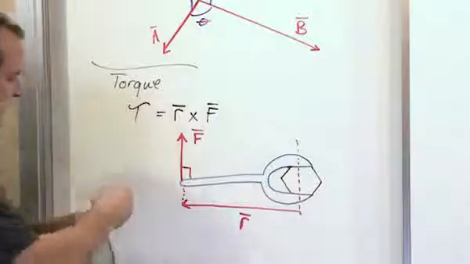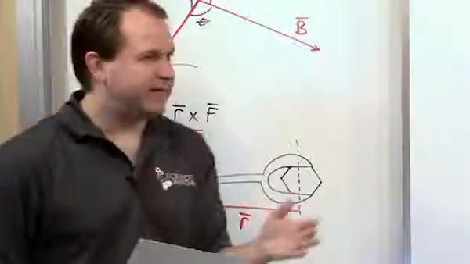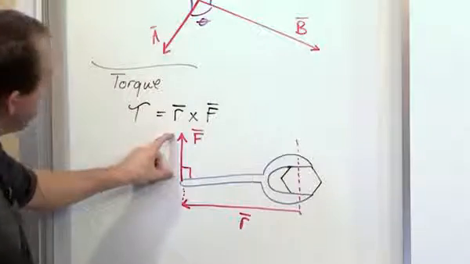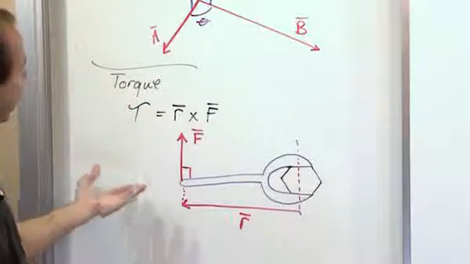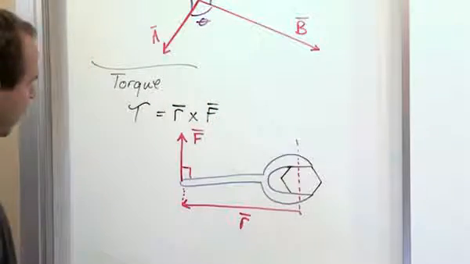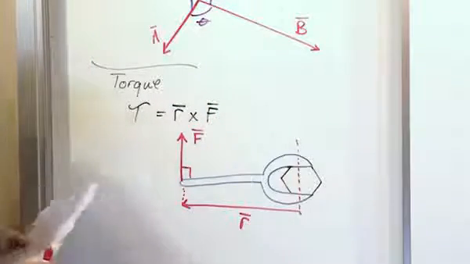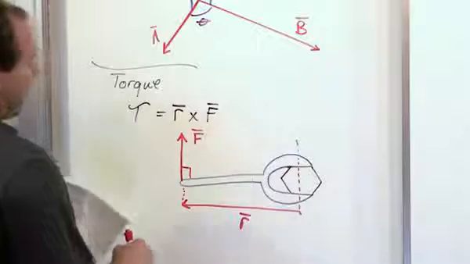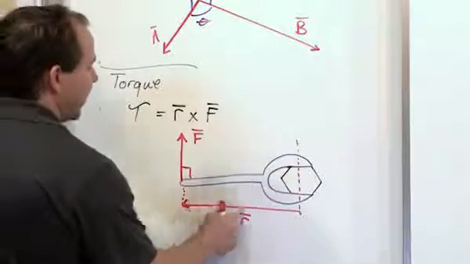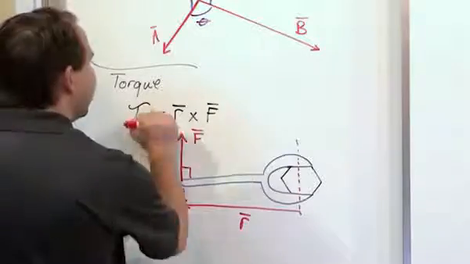This is a vector, just like any other vector. Radius has a magnitude, that's the length, and a direction. The force has a magnitude and also a direction. They're two vectors, and we're saying that the torque is equal to R cross F. Okay, R cross F. And you know from experience that if you angle this force perpendicular to the radius vector, you're going to get the best torque.